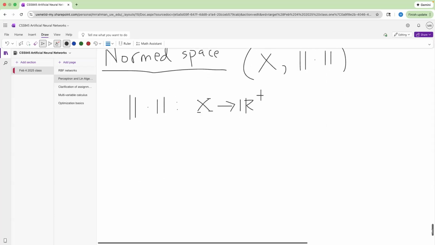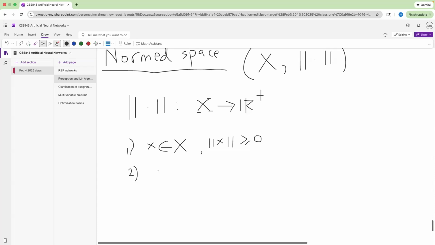And we have some constraints on this length. If X is any vector in your vector space, then the first constraint is that this always should be a positive number, because negative length does not make sense.